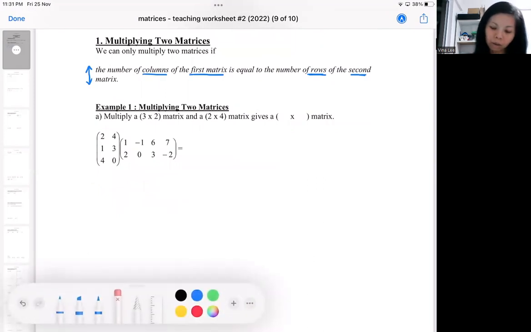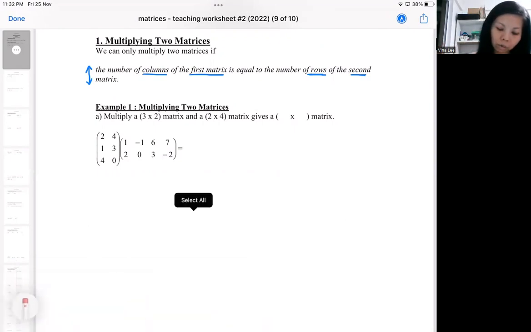Remember in the first teaching worksheet, you learned about the order, in fact the first thing you learned. We order a matrix as row times column. In this case, the first is a 3 times 2 matrix, and the second is a 2 times 4 matrix.